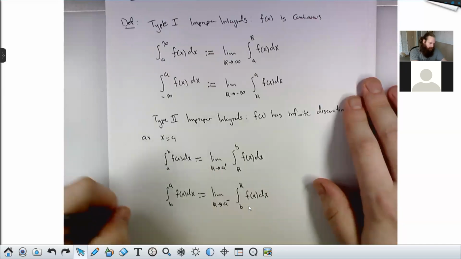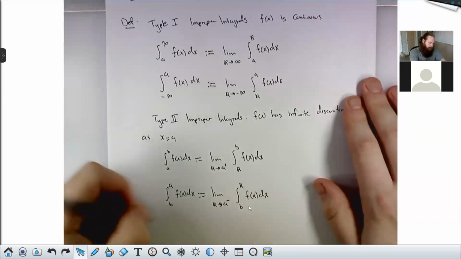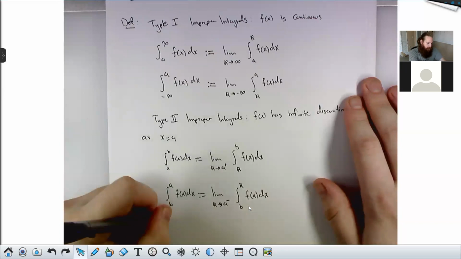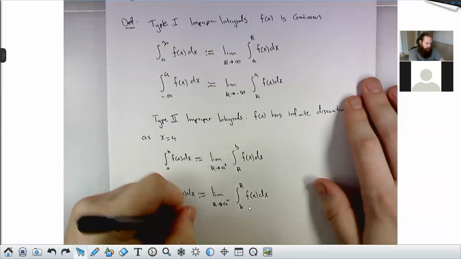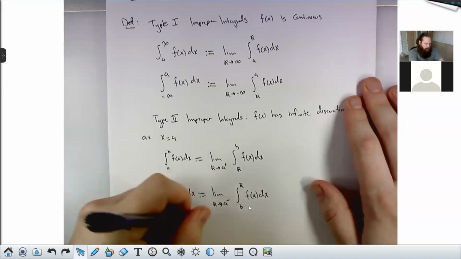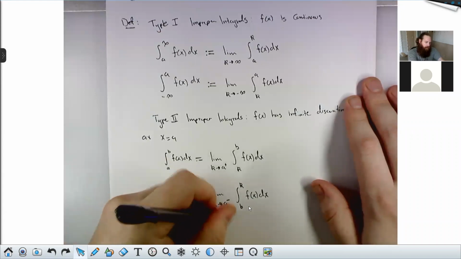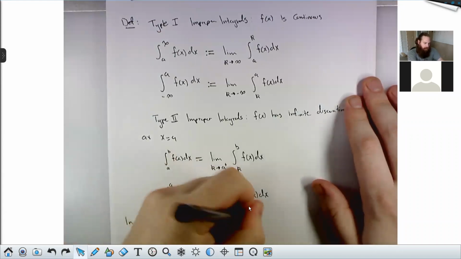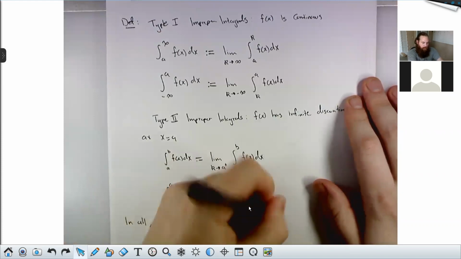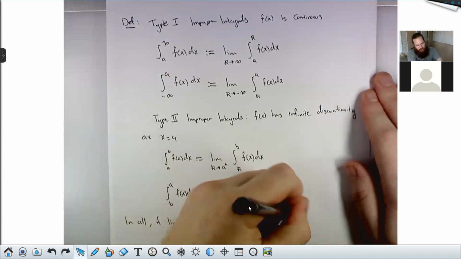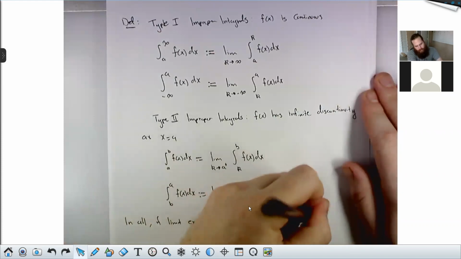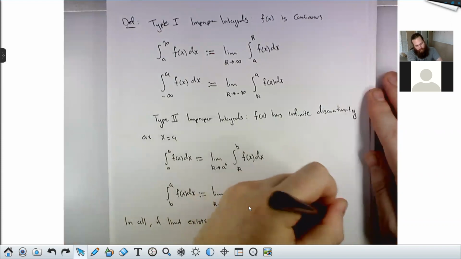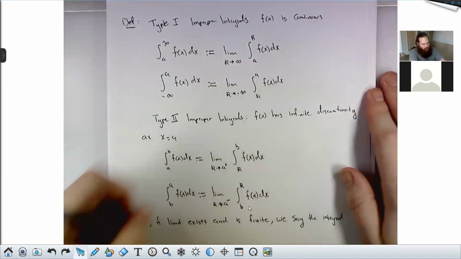In all of these, if the limit exists and is finite, we say the integral converges.